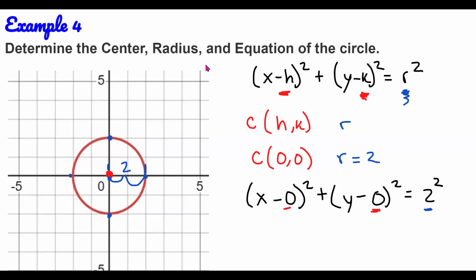Let's simplify that part. X. So x squared. Y minus 0. Y. So y squared equals 2 squared. It would be 4. So therefore, we're able to see that we have an equation of x squared plus y squared equals 4 in this case. Woohoo! Not too bad, right?